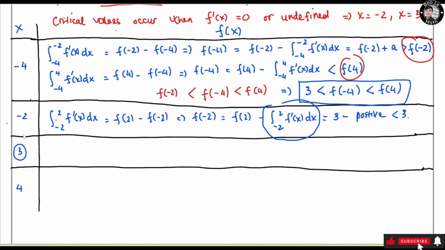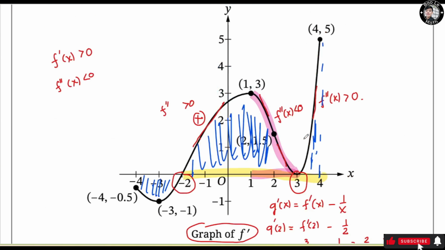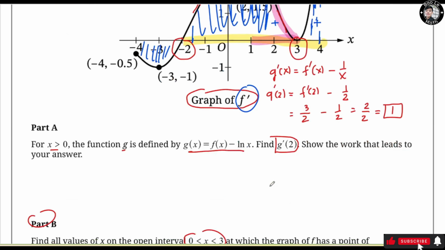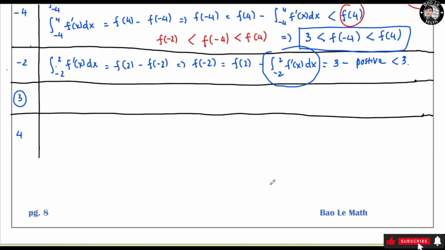At s equals 3, the sign of f prime of s does not change. This is still positive and this is still positive. So right at s equals 3, the function f does not have a maximum or minimum.